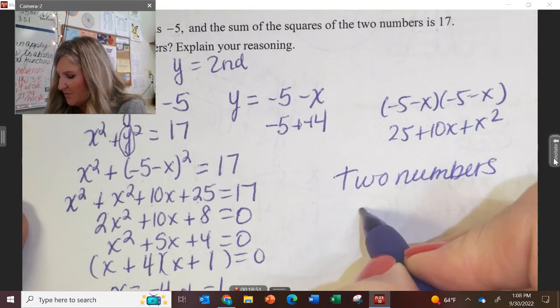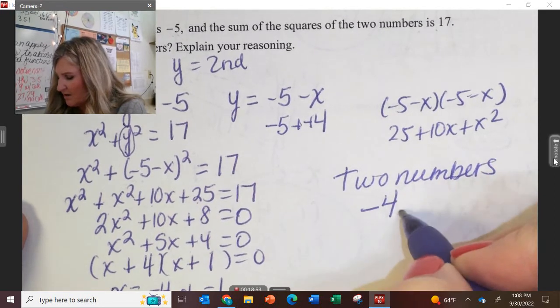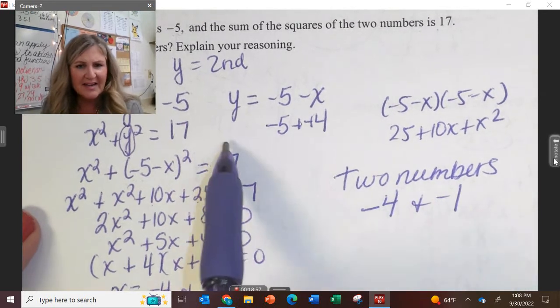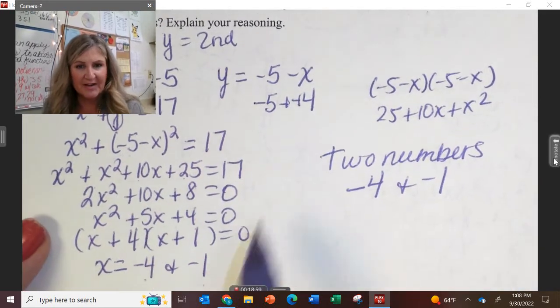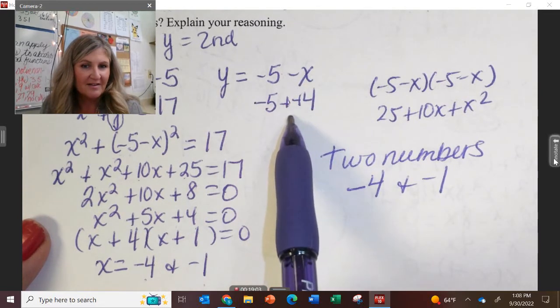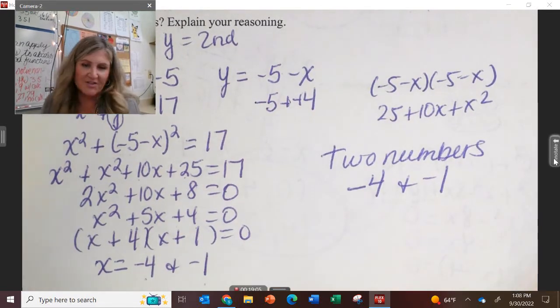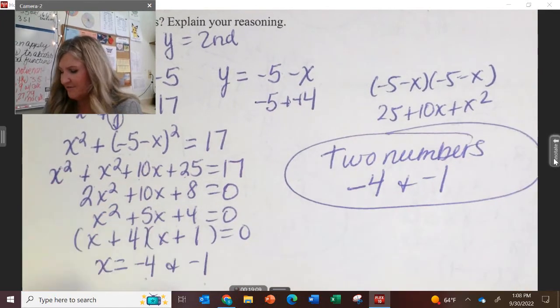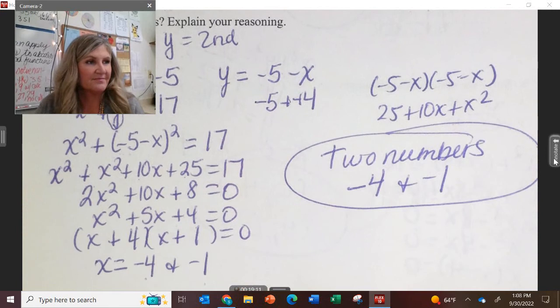So I just found that when X is -4, Y was -1, right? Is it any different if I let X be -1? Then what would Y be? -4. So I don't need to write that again. The two numbers are -4 and -1.